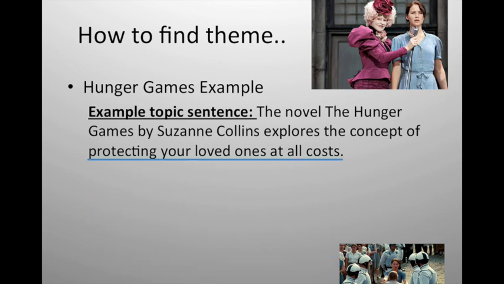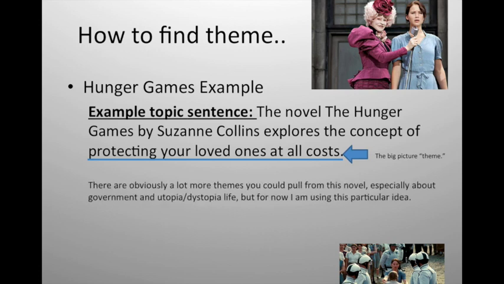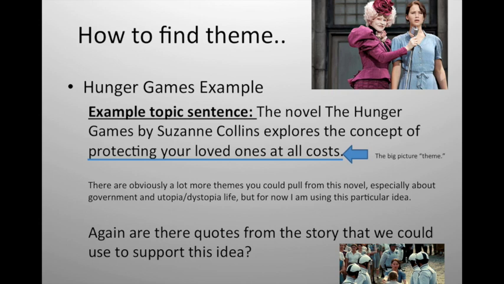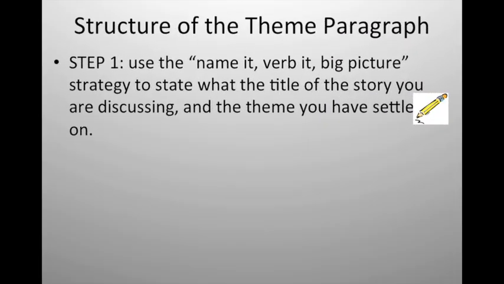So here is my idea of what the theme is, big picture. Now, obviously, there's lots of themes you could pull from this novel, especially about government, utopia, dystopia, but for now, I'm just using this particular idea. So now I need to ask myself, are there quotes from the story that we could use to support this idea?